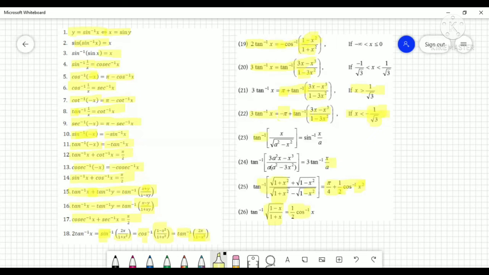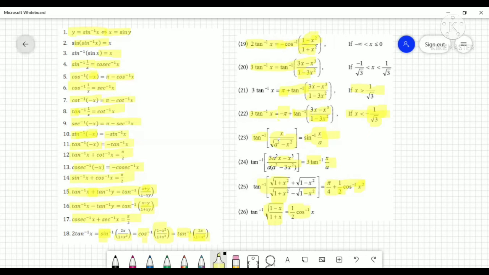I think I told you this one, tan inverse of x by root (a square minus x square) is equal to sine inverse x by a. This is also. These are the very important formulas to solve the next questions.